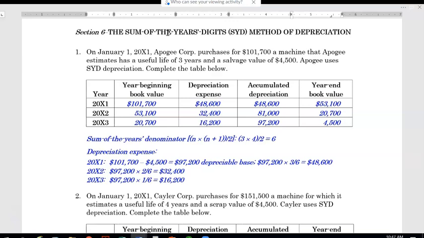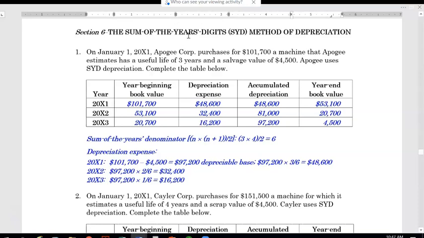Mostly in financial accounting books that you probably took already, it's either double declining or straight line or units of production method, not sum of the years.